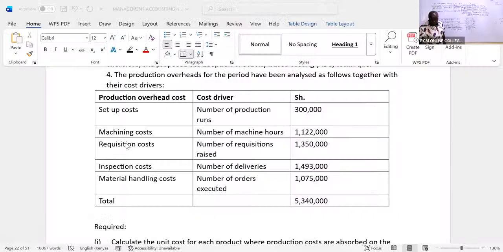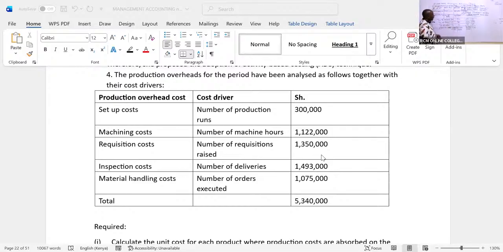So in this case, requisition cost, they've told us the cost driver is the number of requisitions. Have they given me the total amount of requisition cost? Yes, 1,350,000.